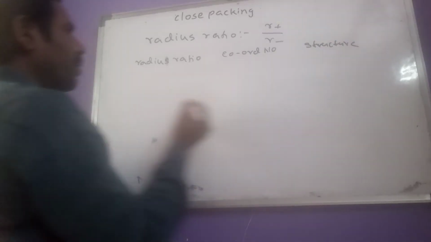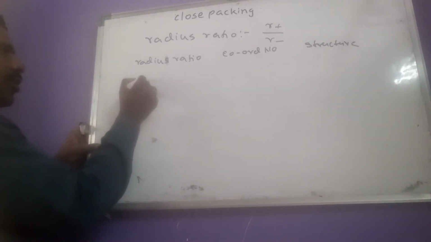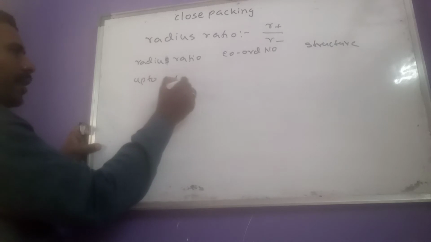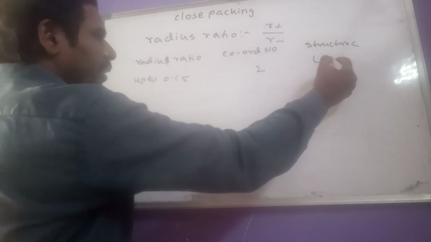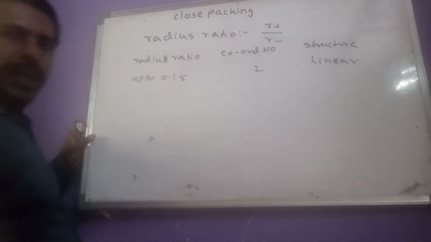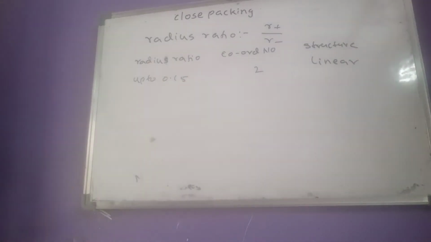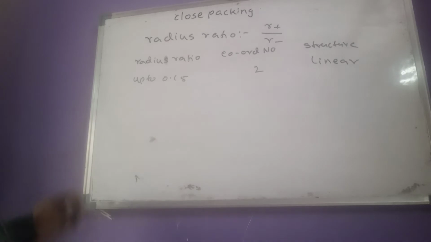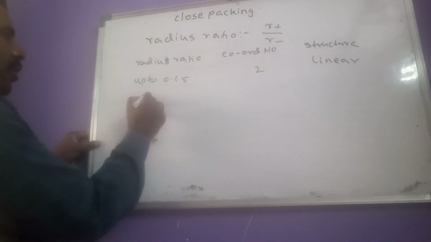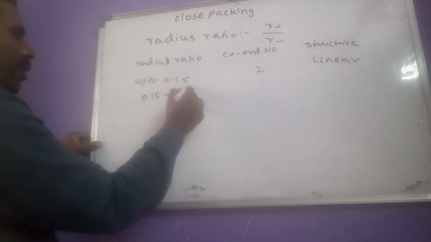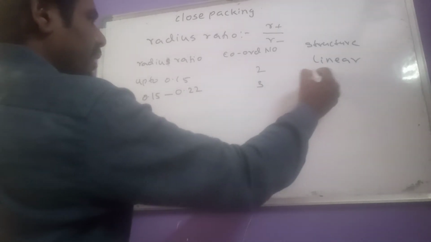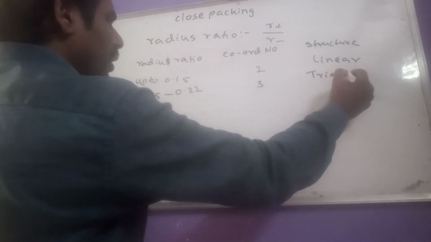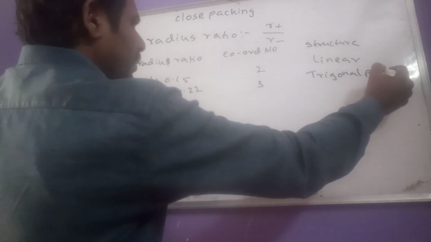For example, if the radius ratio is up to 0.15, coordination number is 2, and that crystal has linear geometry. For 0.15 to 0.22, coordination number 3, trigonal planar structure.